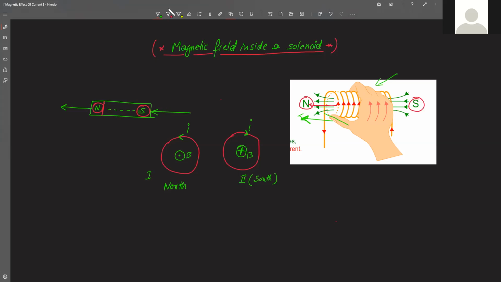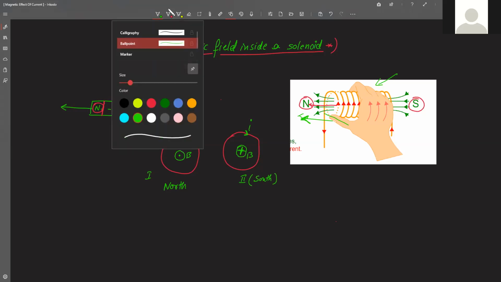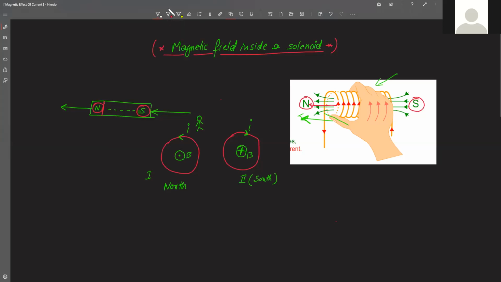Now assume yourself on the back side of this coil. Suppose you are observing from that side. Even if you are not there, if the magnetic lines of force appear to come towards you when you are in front of the screen, that means obviously they will be entering in this direction.